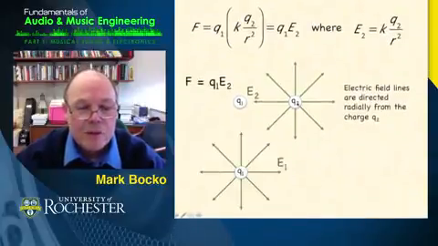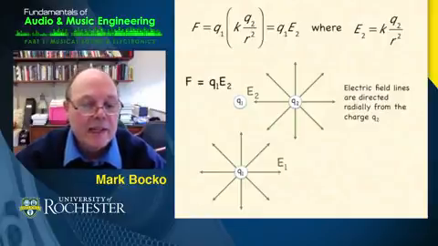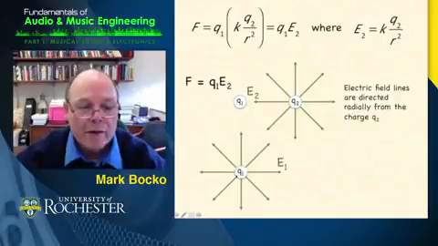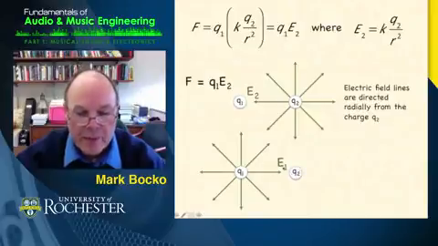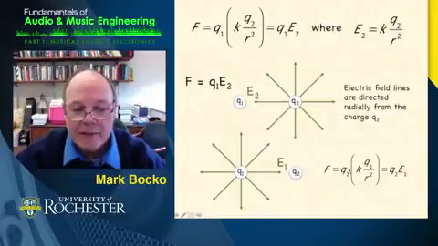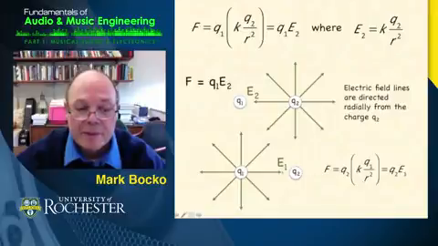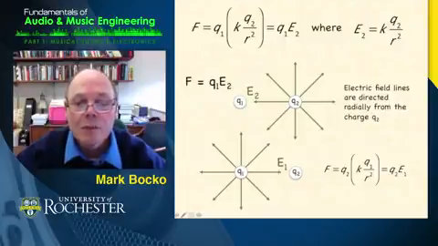Now, of course, you could do this the other way. You could say, okay, I'll compute the electric field of Q1, and then say I'll place Q2 in the electric field of Q1, which is E1, and then I calculate the force as Q2 times E1, the field of the first charge, and that is, of course, the same formula as the original Coulomb's law.